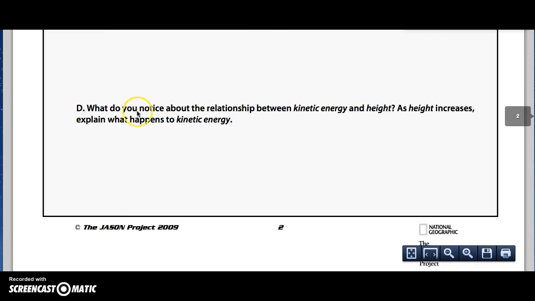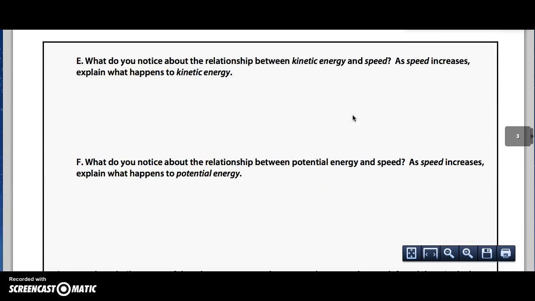Letter D, what do you notice about the relationship between kinetic energy and height? Now we're looking at what happens to the kinetic energy when we get higher in the roller coaster versus lower. Letter E, what do you notice about the relationship between kinetic energy and speed? And then F, potential energy and speed.